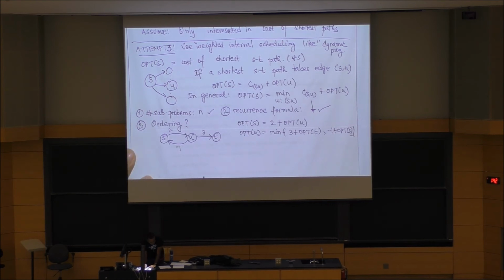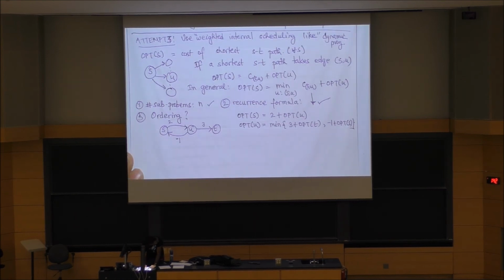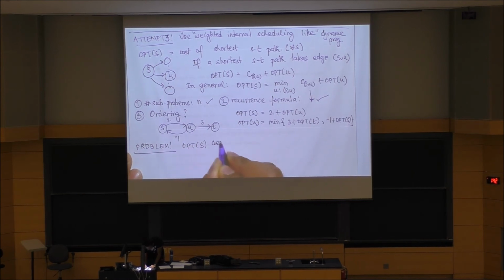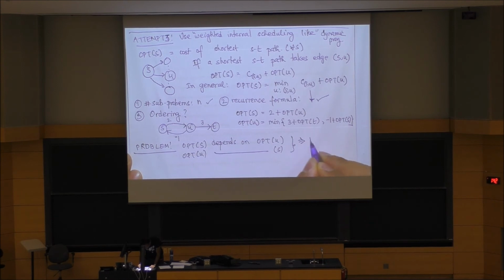Okay. So I said there's a problem. Opt of S depends on opt of U, and opt of U depends on opt of S. And so this implies there is no hope of a total ordering.